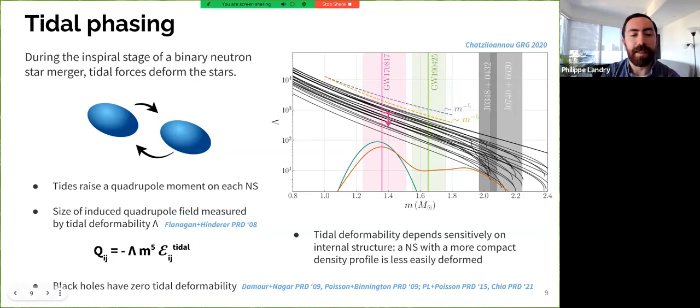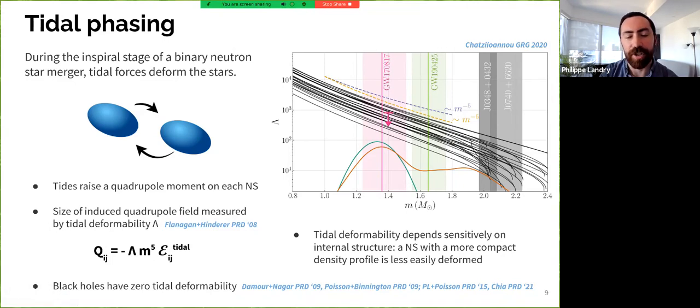The reason it's the binary black hole case that is the relevant comparison is that black holes turn out to have zero tidal deformability, whether spinning or non-spinning. And so in terms of tidal deformability specifically, they behave as point particles. This idea that black holes should have zero tidal deformability is an interesting topic in its own right.